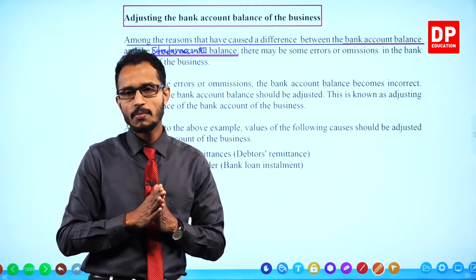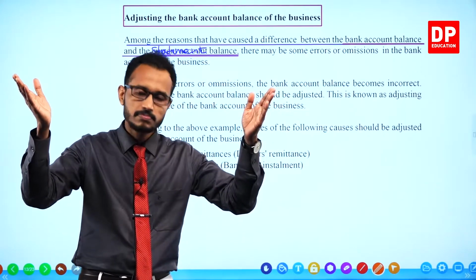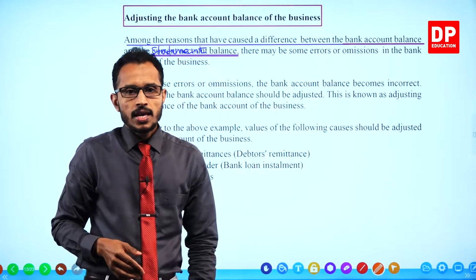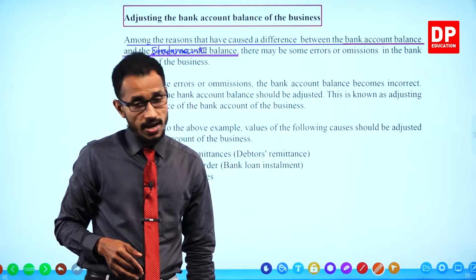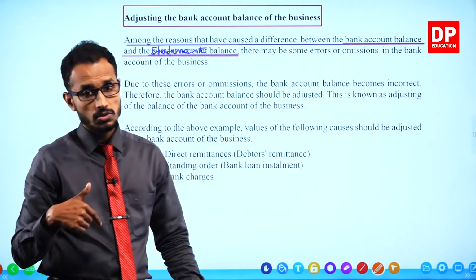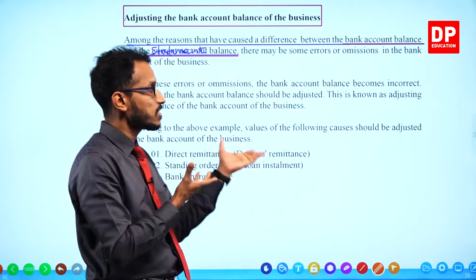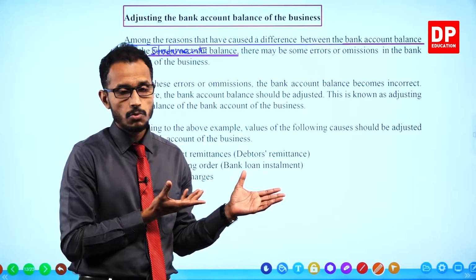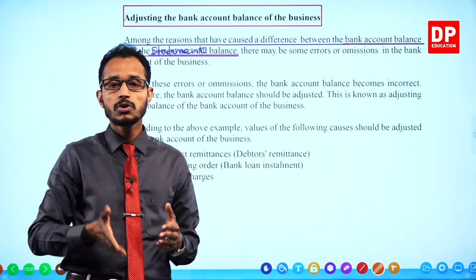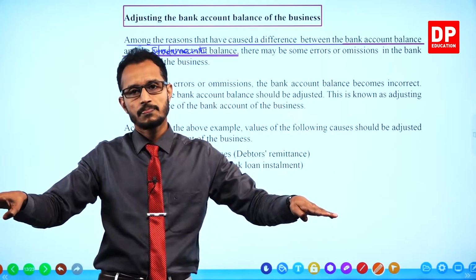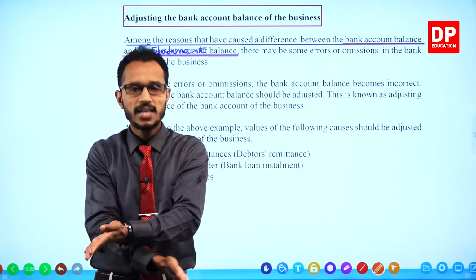Yes, that's right. By doing the cross check. We compared the bank account which was prepared by the business bookkeepers, the bank book of the business, with the bank statement in this manner.